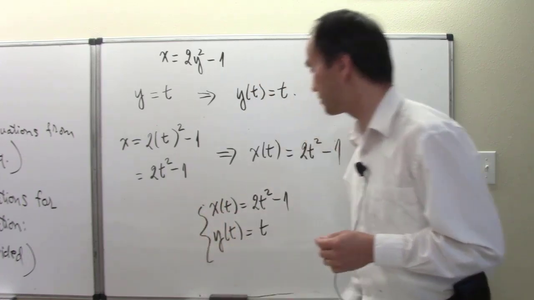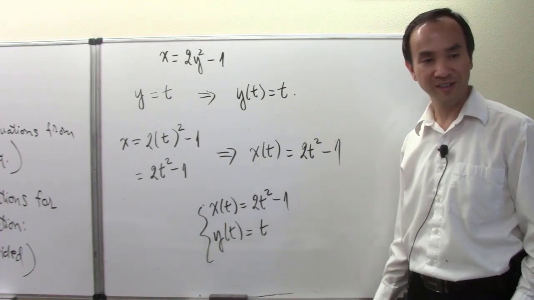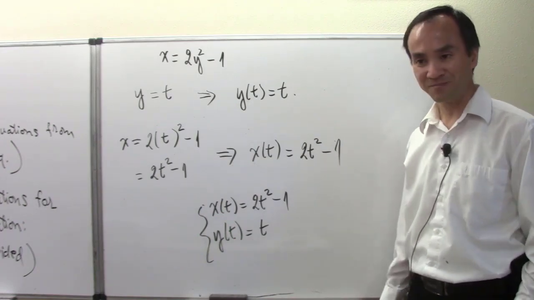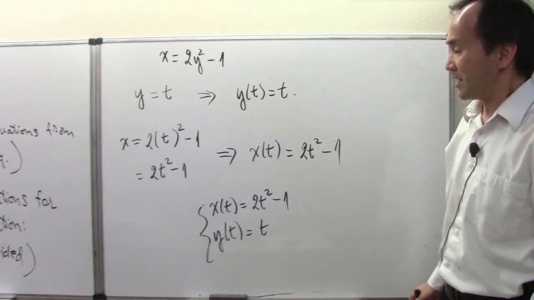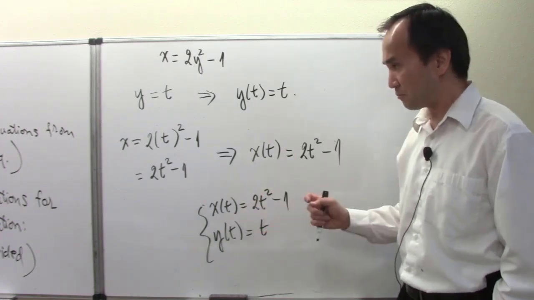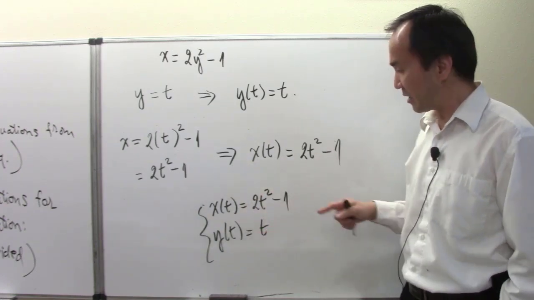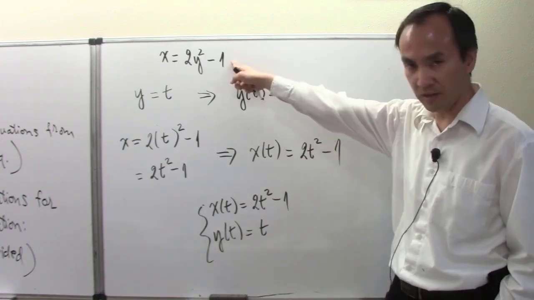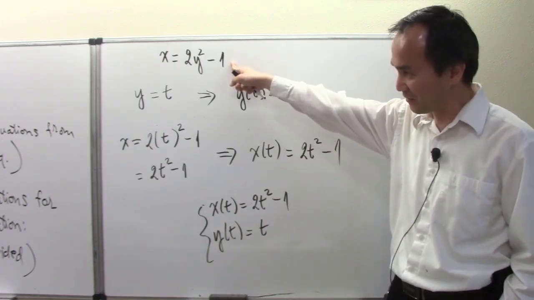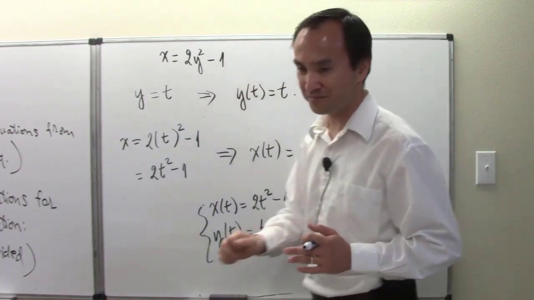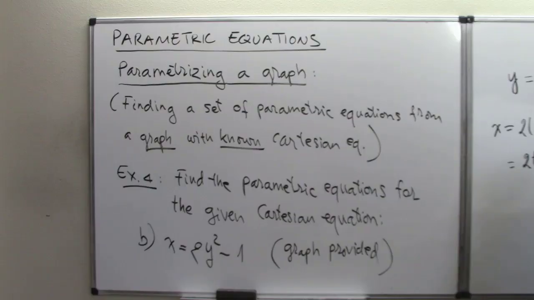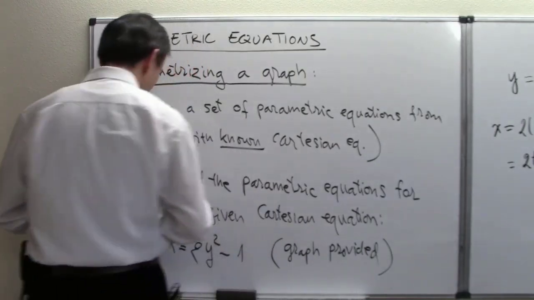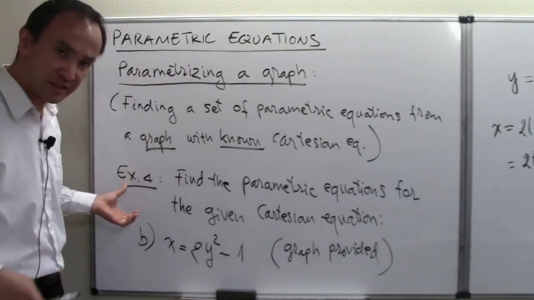That's our set of parametric equations for this sideways parabola. All right. And so we built our foundation on being able to recognize the parametric equations from a given Cartesian equation. Okay, so that's what we've been doing, the primary skill we want to build in this example 4.